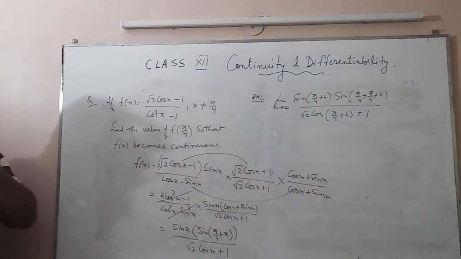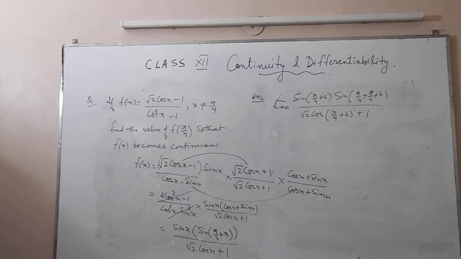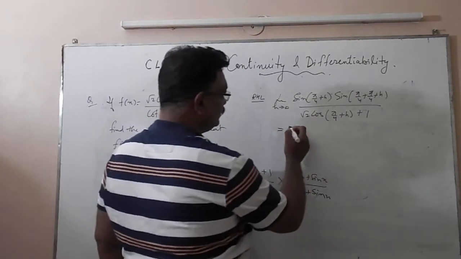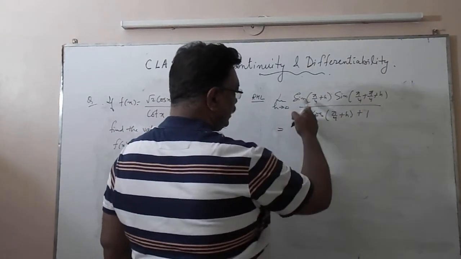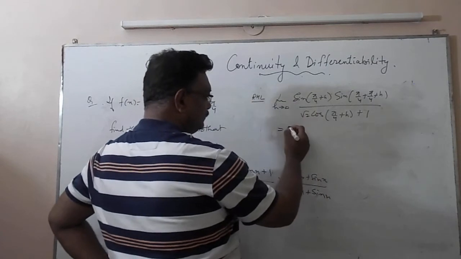See again, it has become sin pi by 4 plus h into sin pi by 4 plus pi by 4 plus h upon root 2 cos pi by 4 plus h. This is sin 90 plus h, and in this I have to expand.